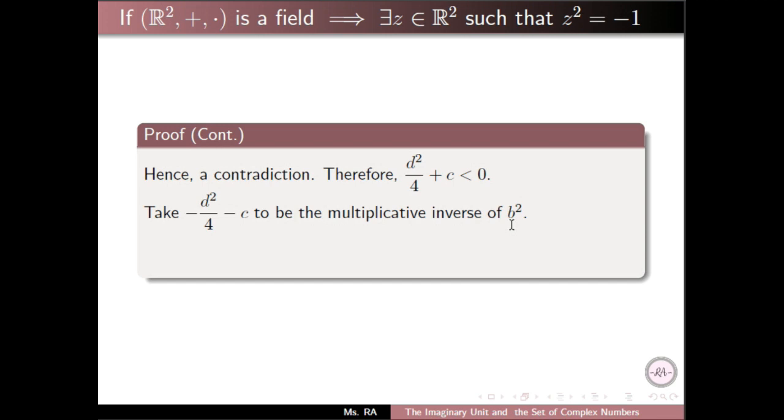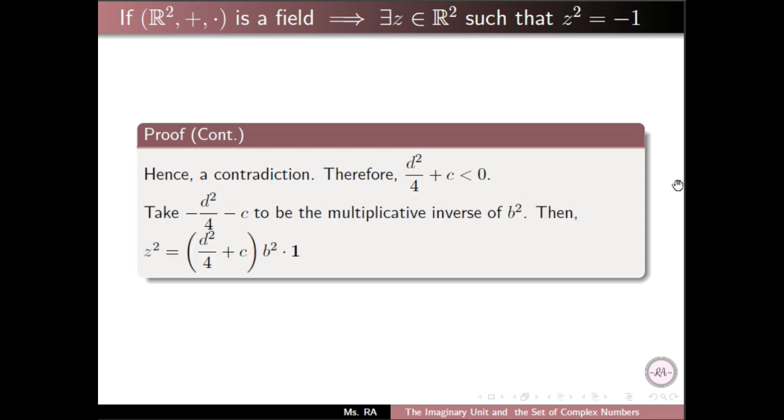Okay? Now, since this is a non-zero element of the set of real numbers, which is a field, it also has a so-called multiplicative inverse. So we are going to take this value to be the multiplicative inverse of b squared.